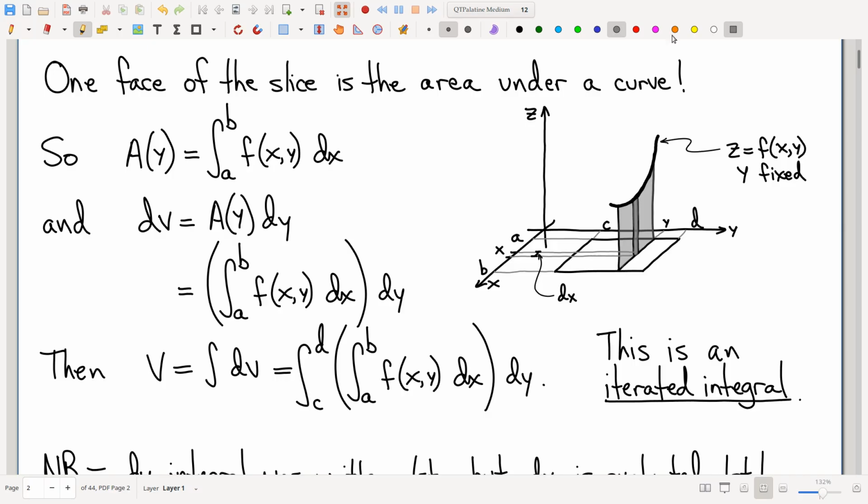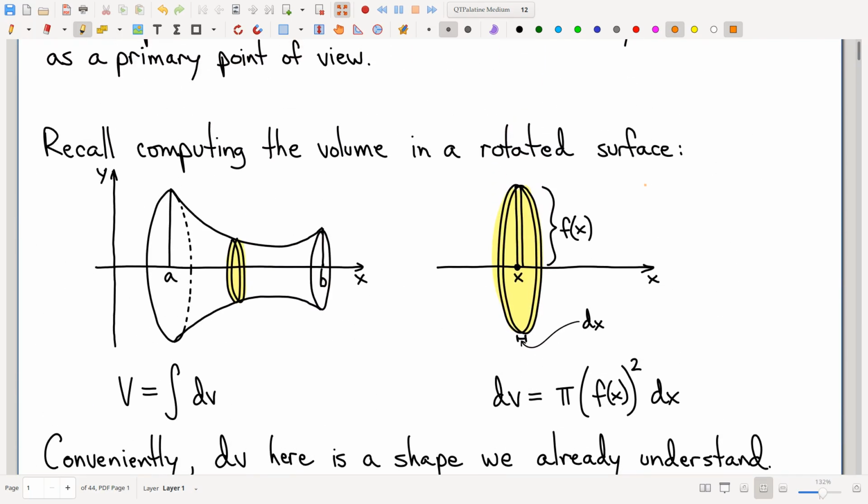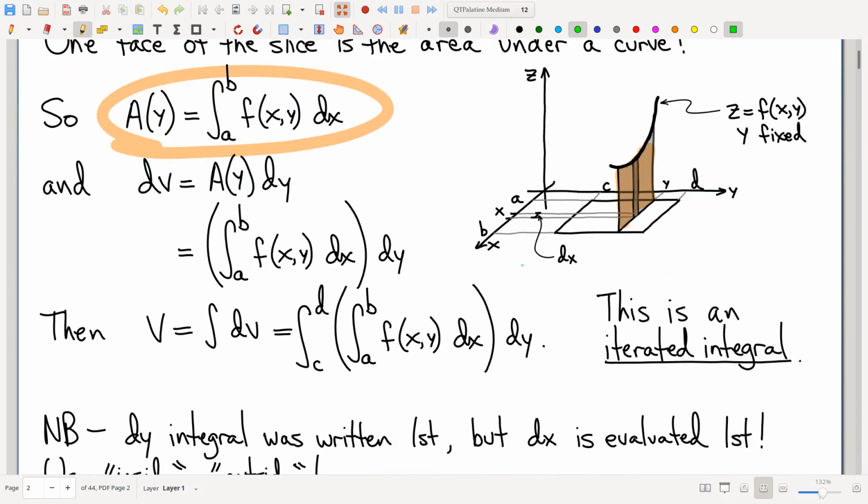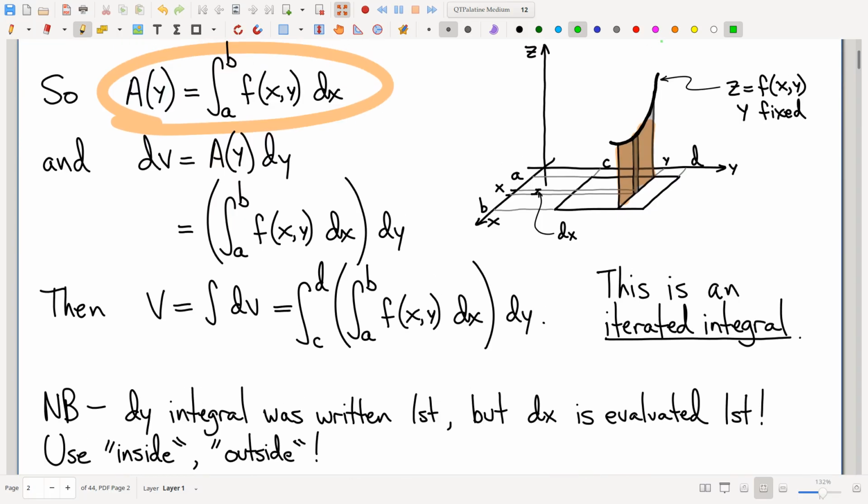Reevaluating. We've got this cross-sectional area, and just like we saw in this example here, where the integrand was the cross-sectional area, right? Well, likewise, here, the integrand is the cross-sectional area as y ranges over all the numbers between c and d, right?